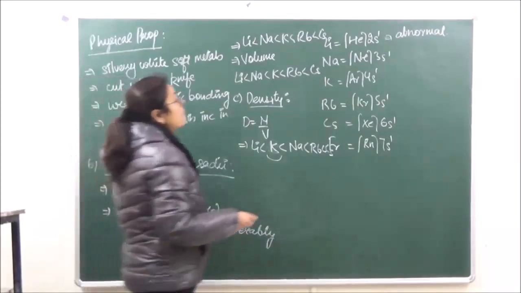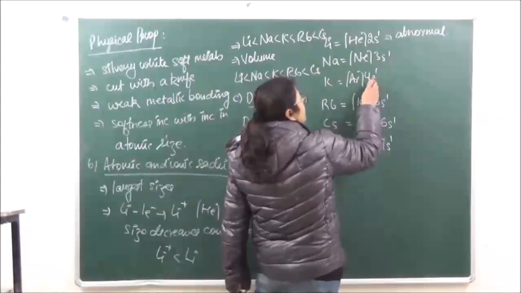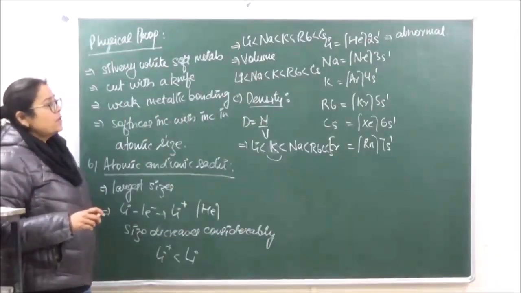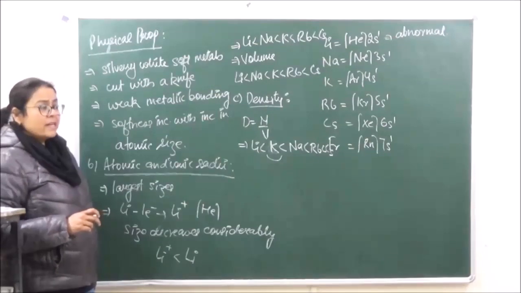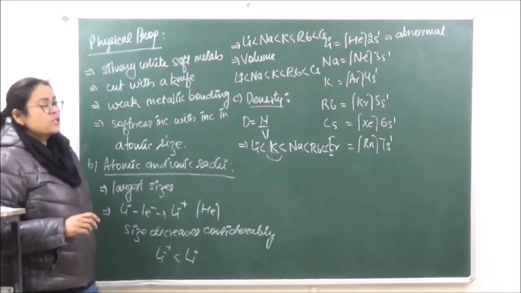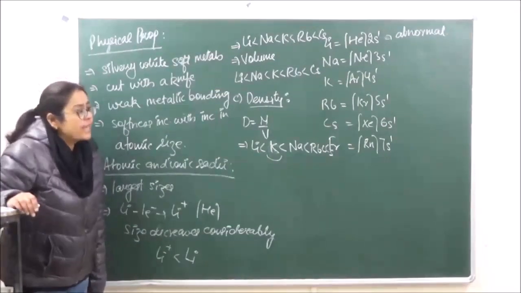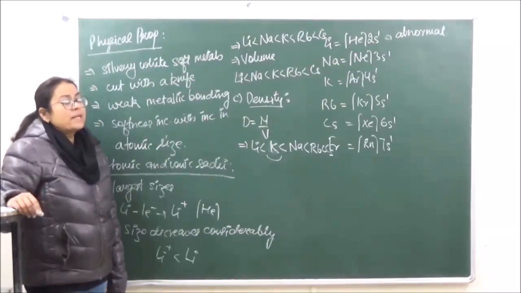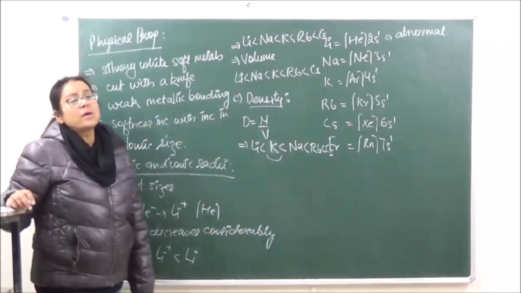Why? Because after filling 3s over here, we are also going to fill up 3d. When we are filling 3d, it is going to have a poor shielding effect, as a result of which it is going to attract the outermost shell with greater force. So the size of potassium increases, but not to a great extent.